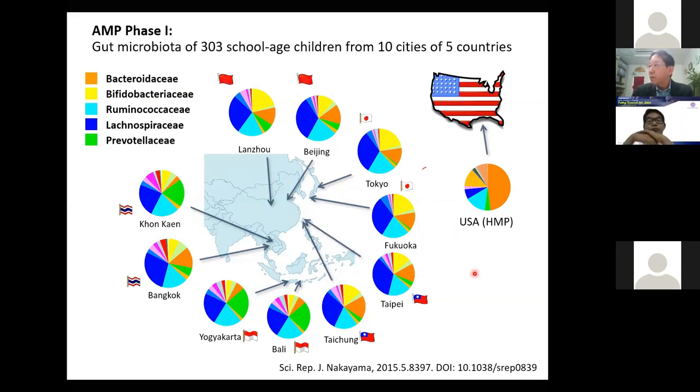As a difference, this is United States children at the same age, but you can't see yellow, because they are very lacking in it.